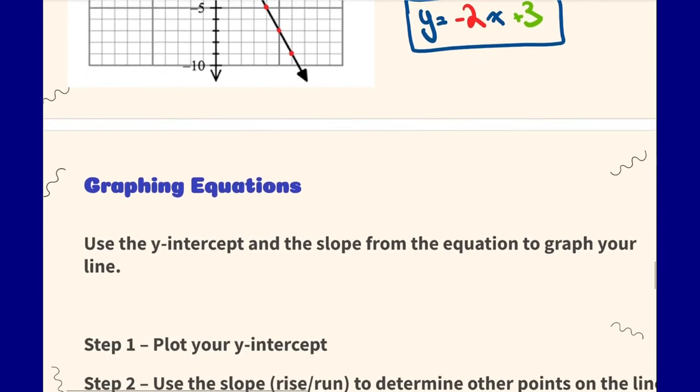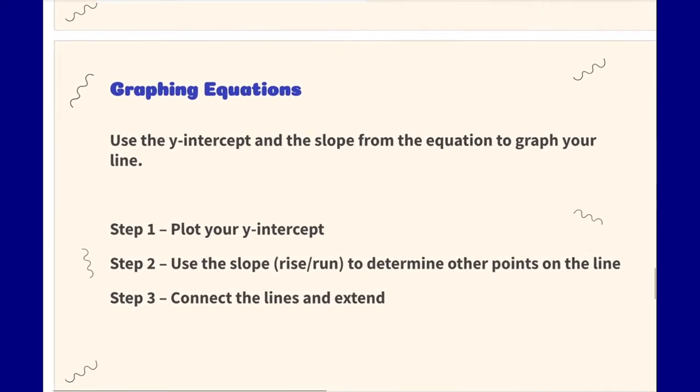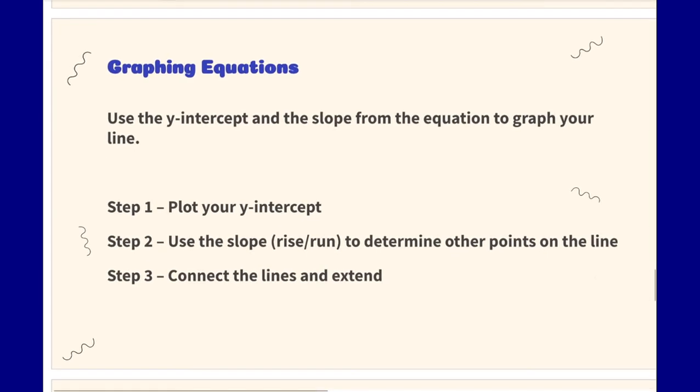So we looked at getting an equation from a graph. We are now going to look at graphing an equation. So if I give you an equation, can we graph it? We're going to use the y-intercept and the slope because we're given the equation, and we're going to use what we know about the y-intercept and the slope to graph the line.